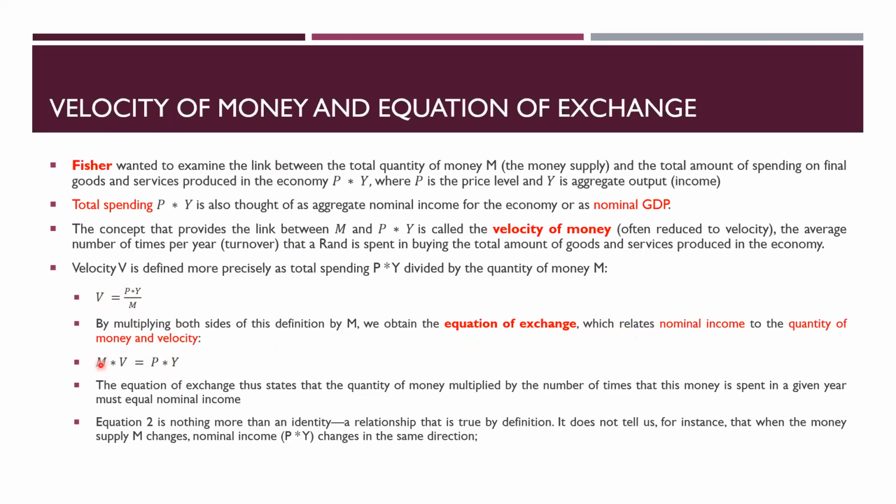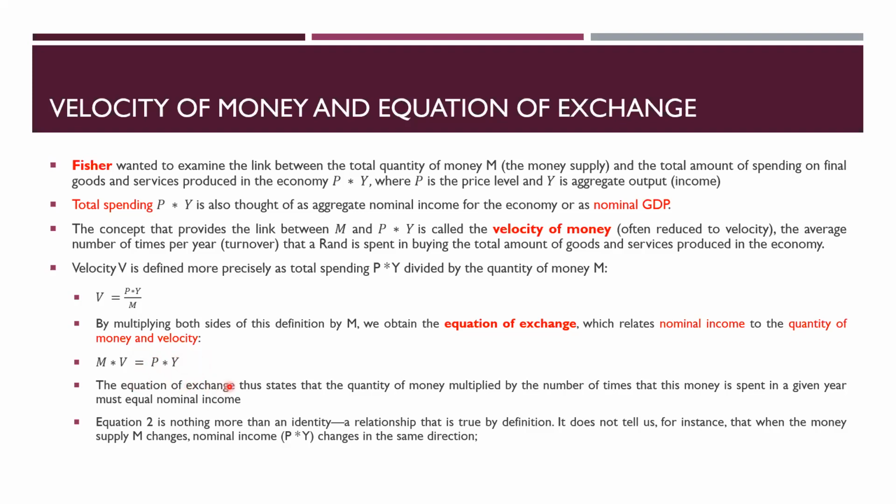So when we multiply M by V, we have the nominal income, which is the price of the goods and services multiplied by the aggregate output. We multiply this and we come up with our nominal income or nominal GDP.